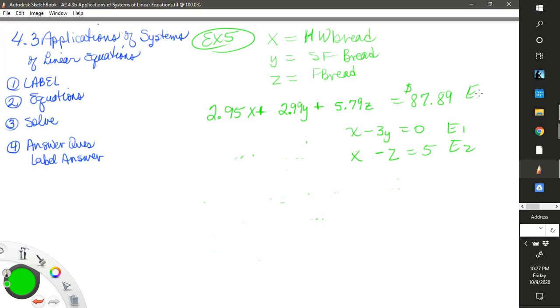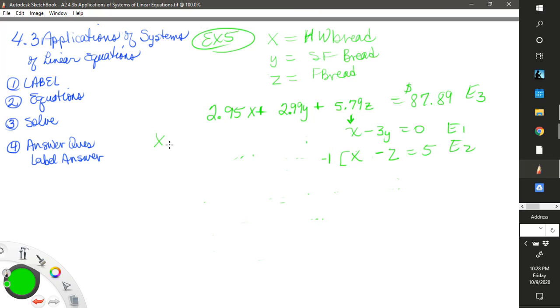And we'll let this little beast be equation 3. We're going to first take a look at equation 1 and 2. And what I would need to do is probably multiply equation 2 by a -1 so that these x terms would cancel. I'm going to let x be my focus variable. And we'll cancel x's.